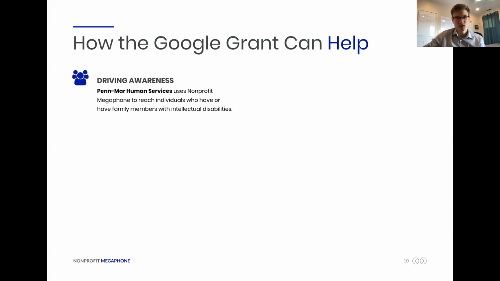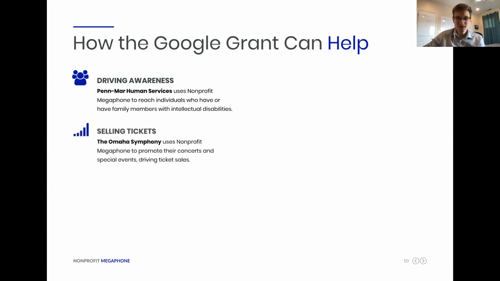This is a human services organization that's a client of ours that is trying to reach people who themselves are family members with intellectual disabilities and make them aware of the services that Penmar Human Services provides. People searching for anything related to the services they provide see ads that take them to the appropriate page on their website to learn more about that service.